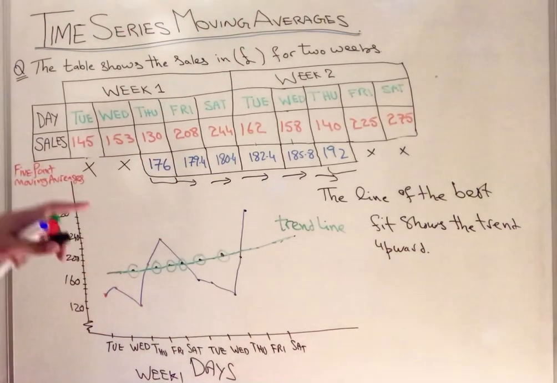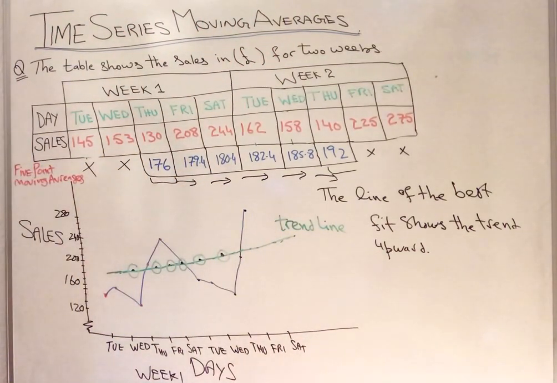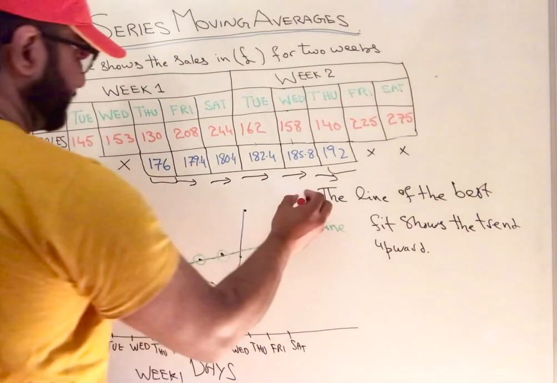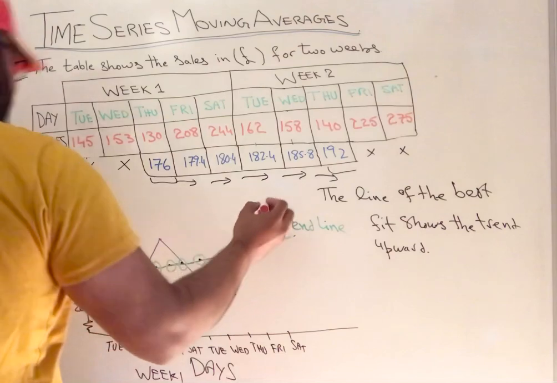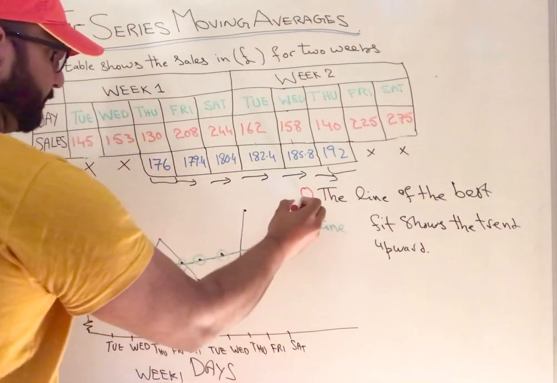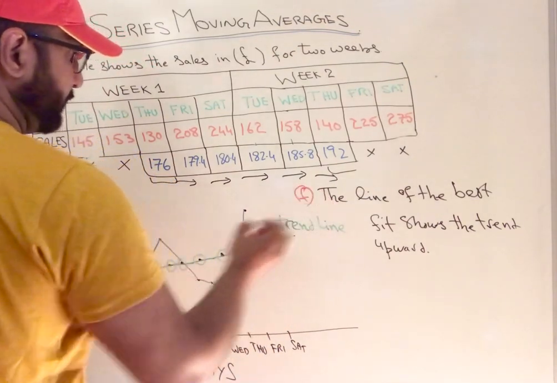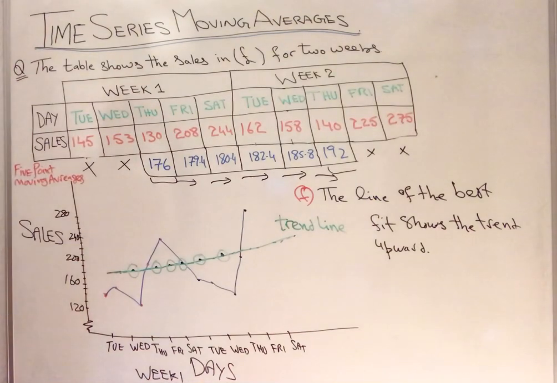So you can see this line indicates an upward trend. What it indicates is that the sales over the last 2 weeks have increased.